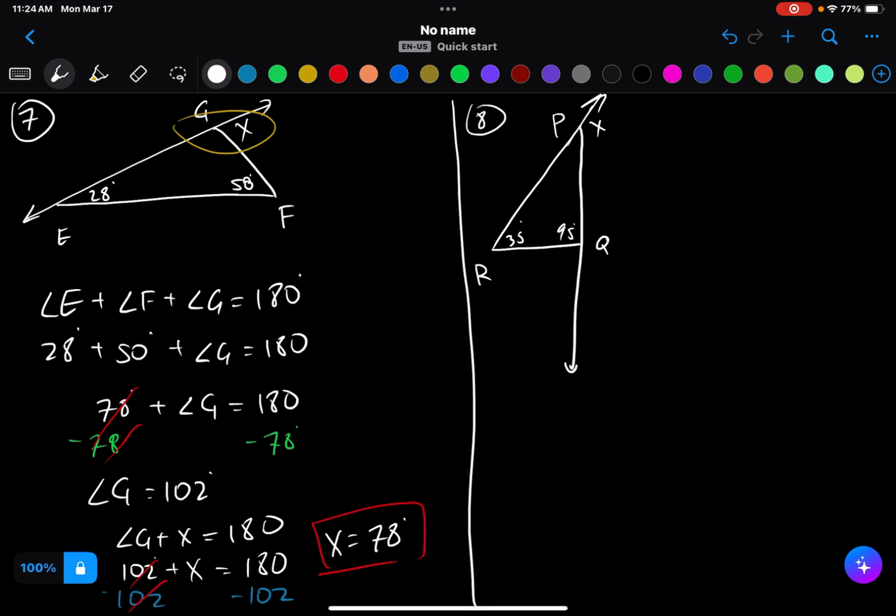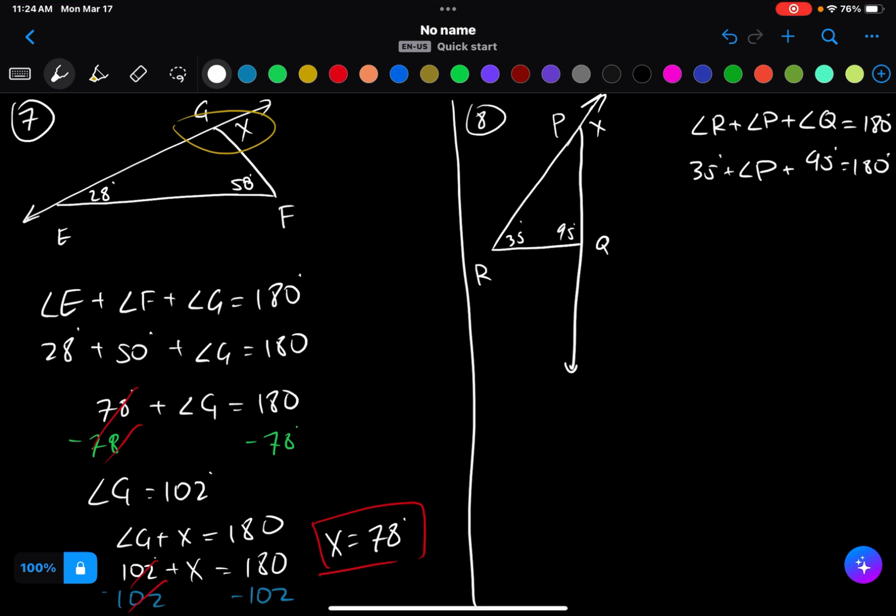To find angle P, I need to first do the interior angles of the triangle. I know that angle R plus angle P plus angle Q all add up to 180 degrees. And I know what R and Q are, right? So this is 35 degrees. This one is 95 degrees. So I'm just looking for angle P, equals 180.